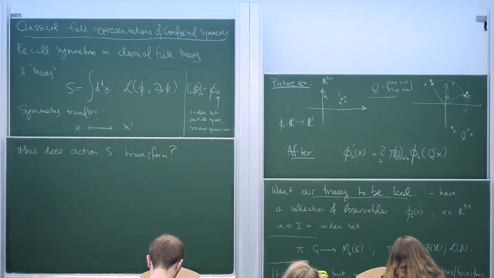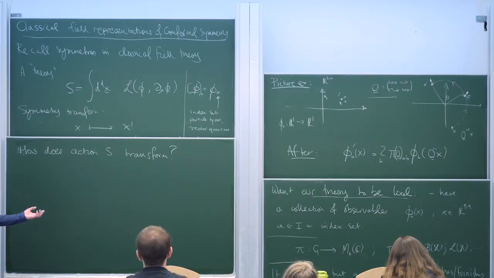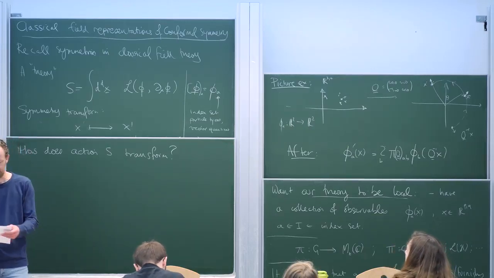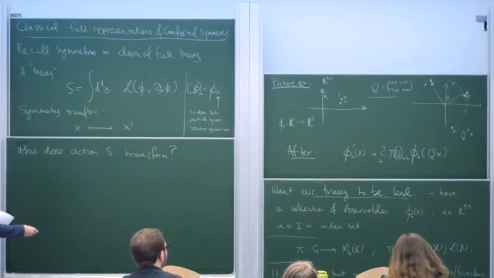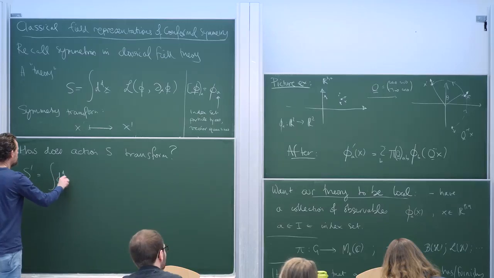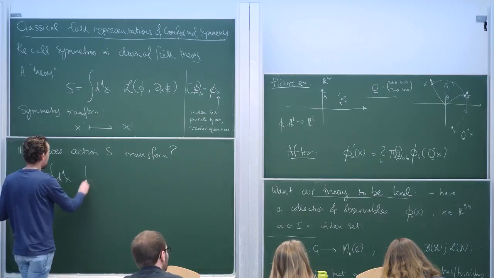So you take your field configuration, you do some active transformation on it, now you have a new field configuration. Let's ask, how does the action of this new field configuration relate to the old one? Well, S prime equals, you just do it. I'm going to write out the answer.